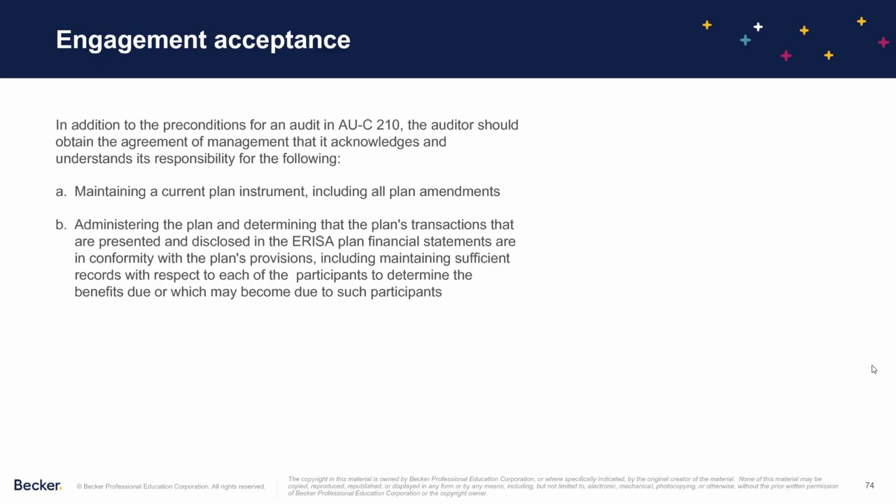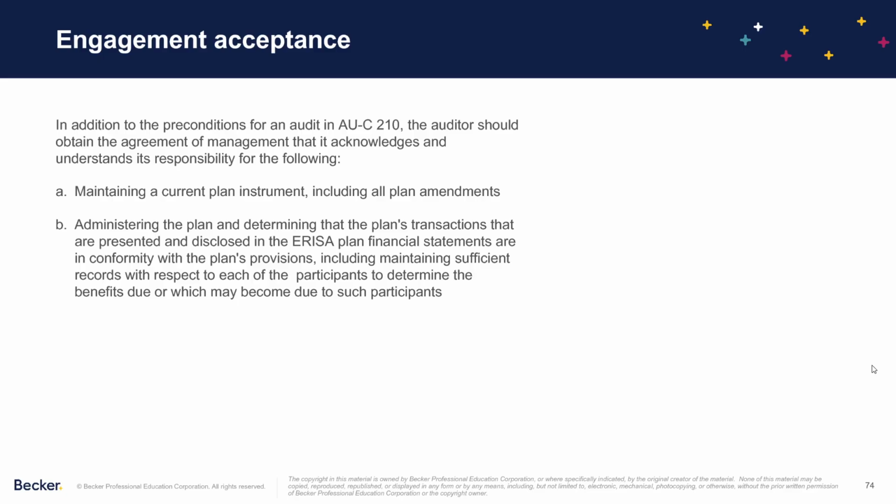It's also their responsibility to administer the plan, and determine that the plan's transactions presented and disclosed in the ERISA financial statements are in conformity with those provisions, including maintaining sufficient records with respect to each of the participants to determine the benefits due or which may become due to such participants. So they really put this back on management. Management is responsible for the financial statements, but they're also responsible for making sure that we're following the plan documents. Whatever the plan says, it's important that it's being followed, and so that will be a new precondition.